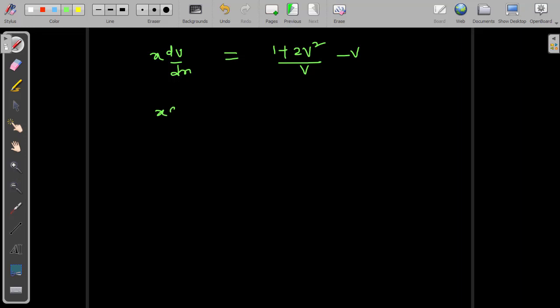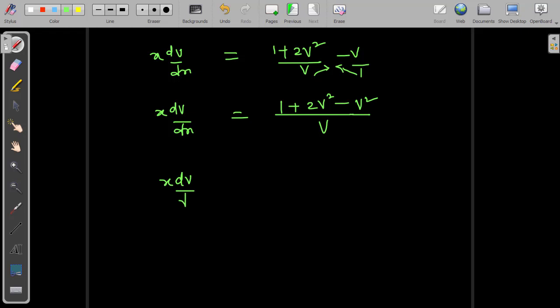The next step: x times dv by dx equals, the denominator is v, meaning the LCM is v here. So in the next step, 1 multiplied with both of the terms, which means 1 plus 2 times v square minus, again, v times v is v power 2. Now x times dv by dx is equal to 1 plus v square divided by v.